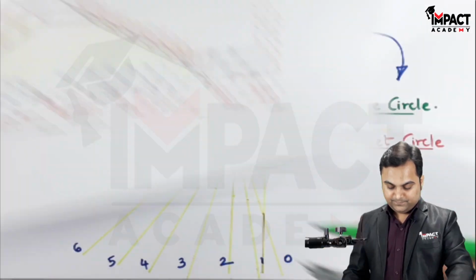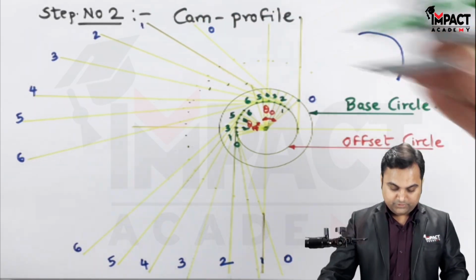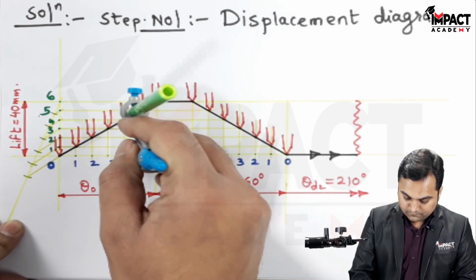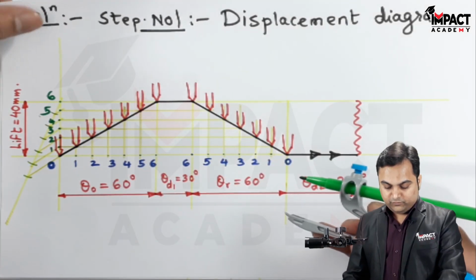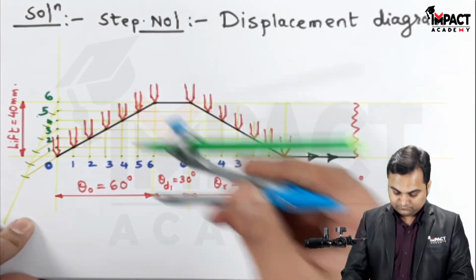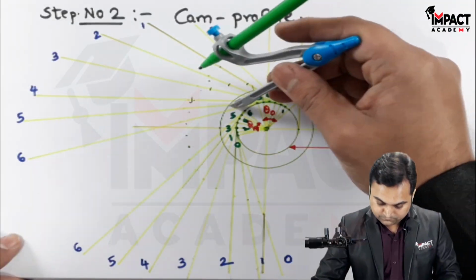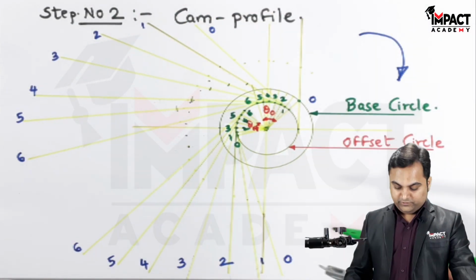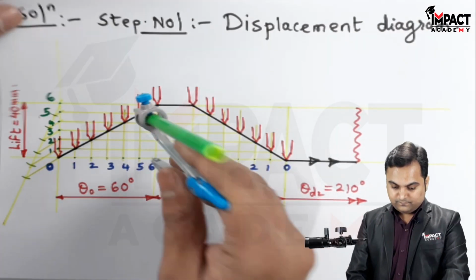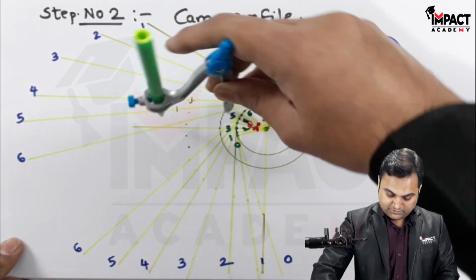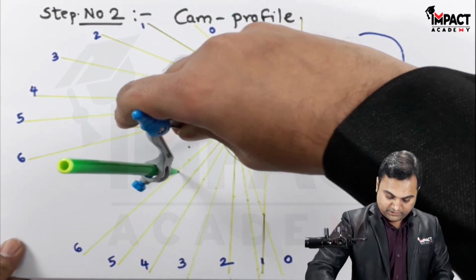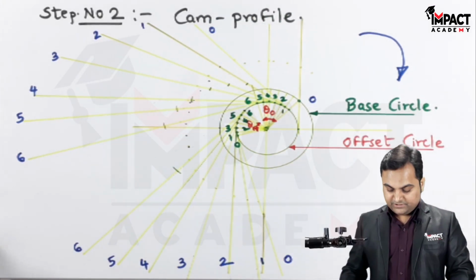Then point 3 on the third tangent from the base circle. Similarly, point 4. From the base circle, point 5 and 6 onto the sixth tangent. Also the same distance would be marked on this tangent for the dwell, point number 6.